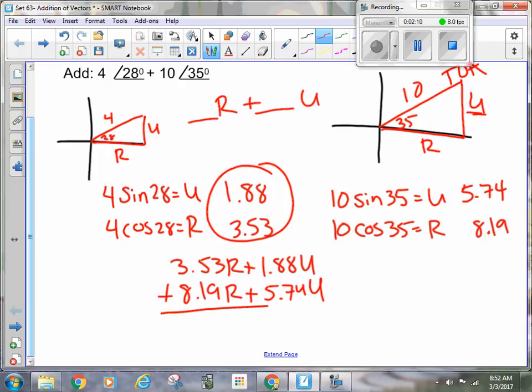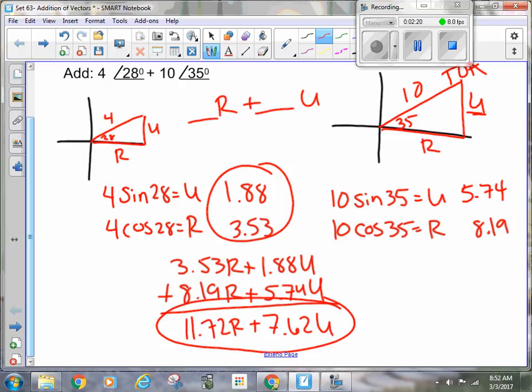And now I can just treat it like a big addition problem. When we add those, I get 11.72R plus 7.62U. And so there's my answer for my addition of vectors. And I think that we can leave it in our polar form, and we don't have to convert it back.